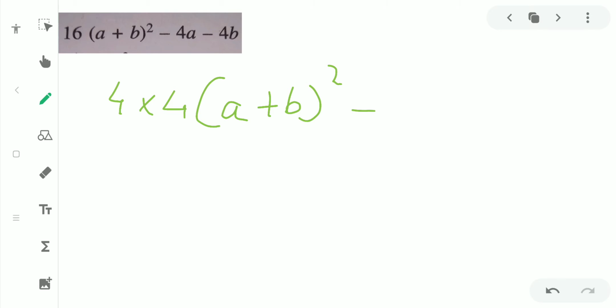I can take minus 4 outside. If I take minus 4 from here, the remaining is a, and from the other term, if I take minus 4 outside, I get plus b. So totally we are getting a plus b.